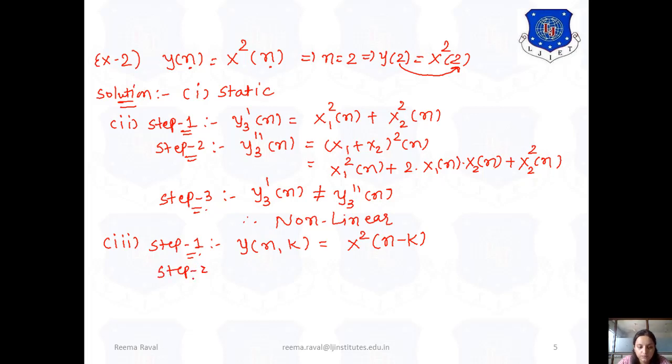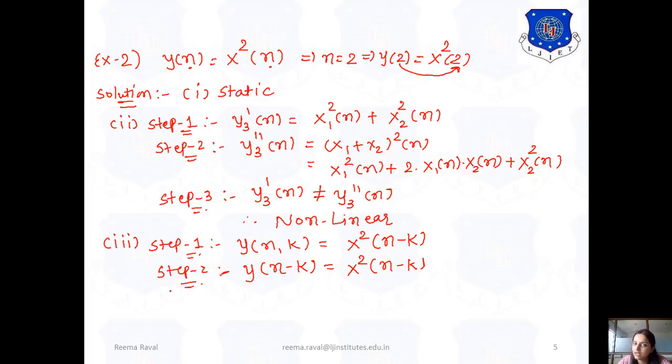Then step 2, that means we are replacing n by n minus k, which we will denote as y of n minus k. It will give us x square of n minus k.